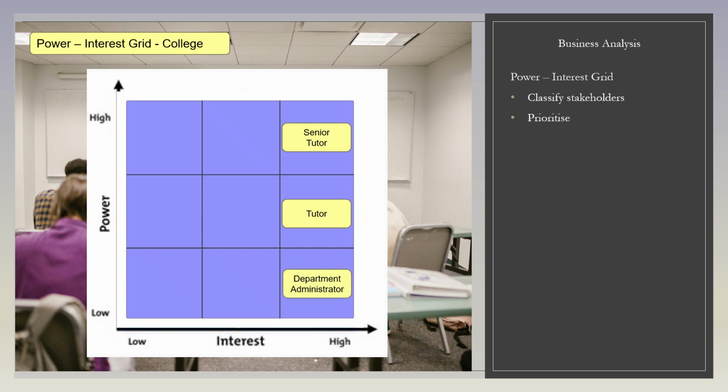They will be impacted, but their influence or power will vary, with senior tutors having the most and administrators the least. Students might sit somewhere in the middle, whereas external content providers might have a medium level of interest, but because they're outside the organisation, a lower level of power.